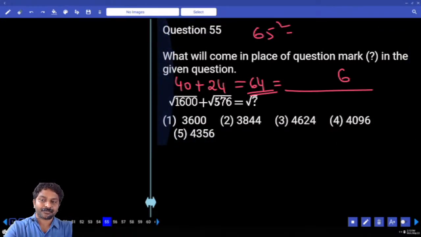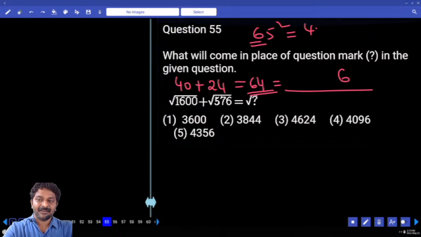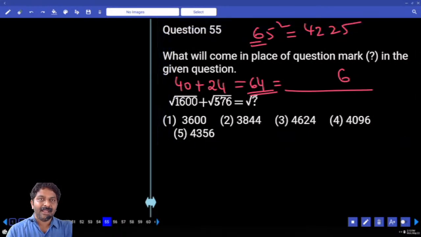What is 65 square? 6 into 7, 42, 25. Answer must be less than 4225 and it should be close to that number only.